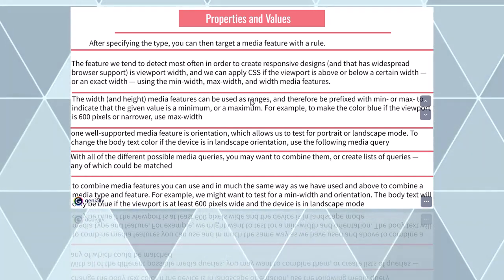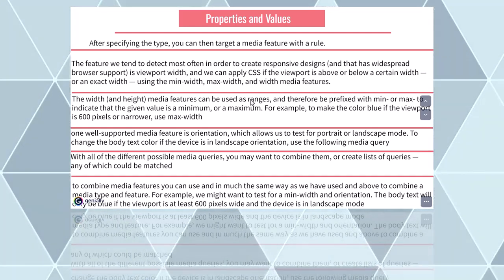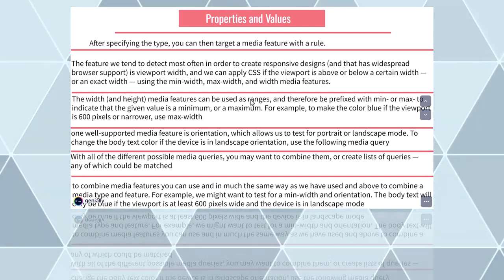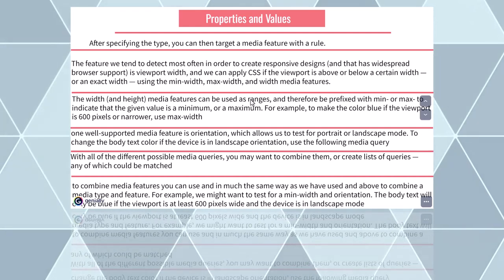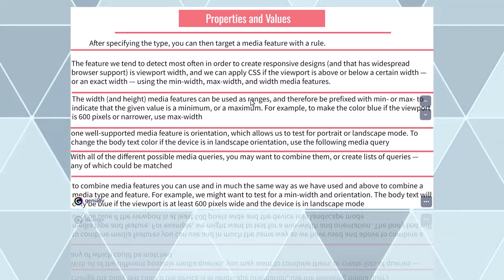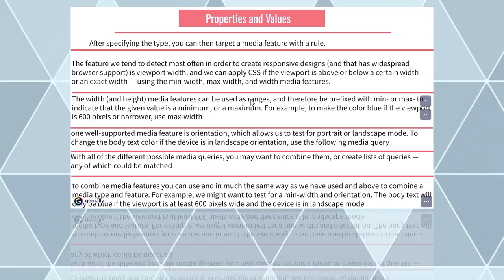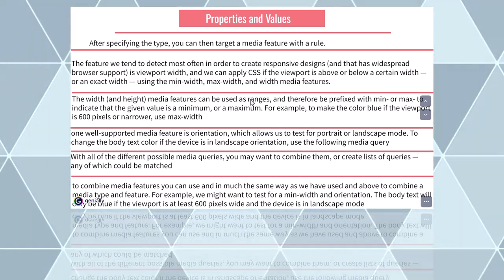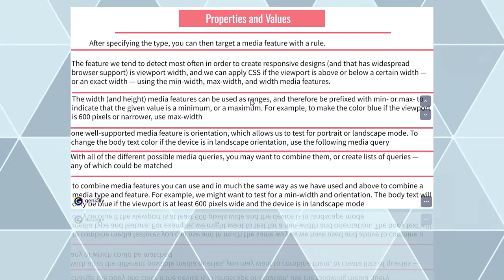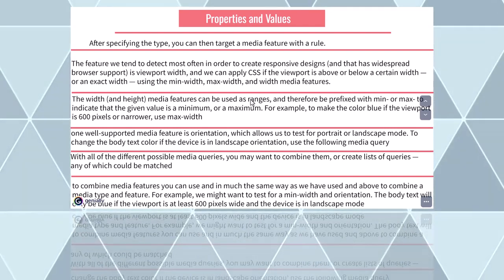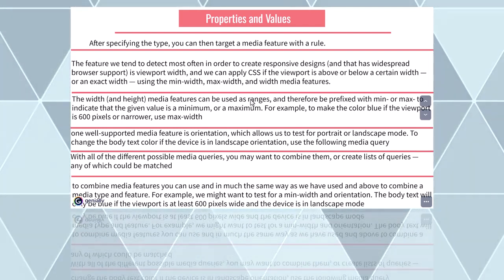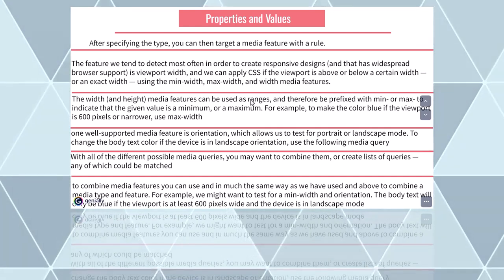The width and height media features can be used as ranges, and therefore be prefixed with min or max to indicate that the given value is a minimum or a maximum. For an example, to make the color blue if the viewport is 600 pixels or narrower, use max-width.